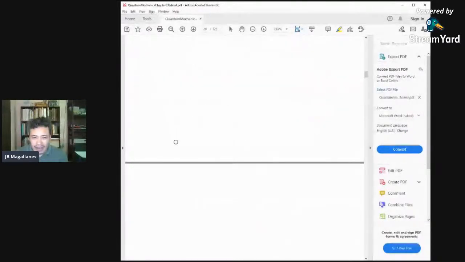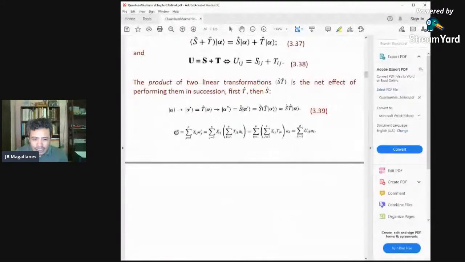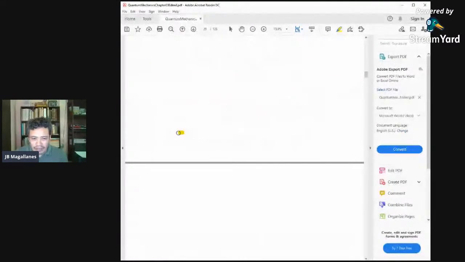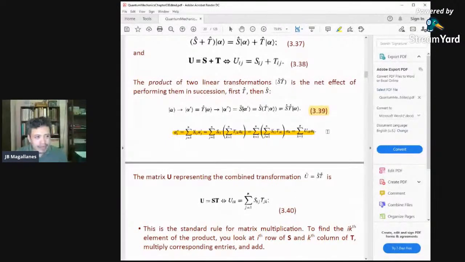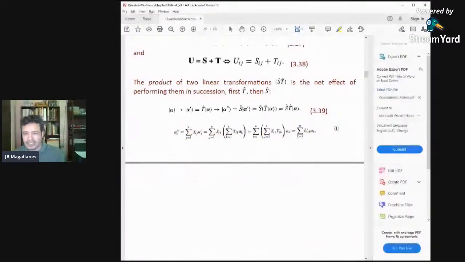So you have a vector transformed twice, first by T and second by S. That's just equal to this expression. So it's kind of long.